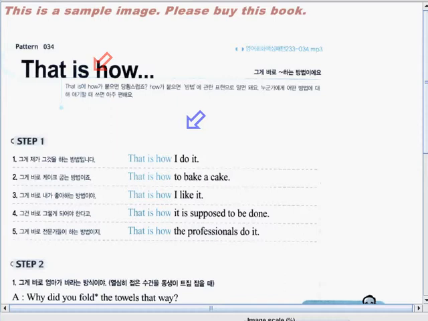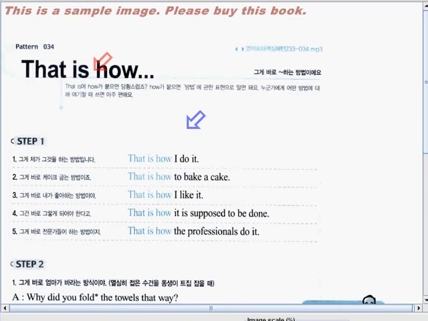So for example, that is how I sing a song. That means I am showing in what way I sing a song, a certain kind of song. Okay, so I think you can remember it now.